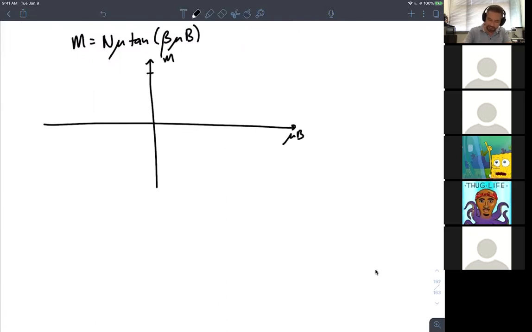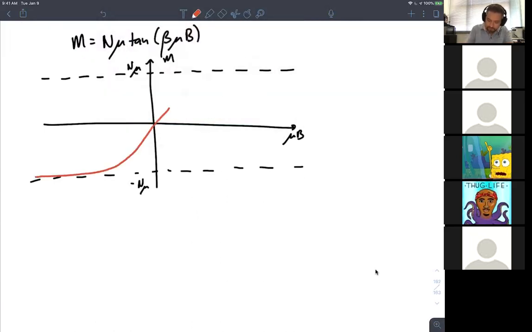It goes up to N mu and down to minus N mu. And the tanh function looks like this. It's a little crappy drawing, but you get the idea.